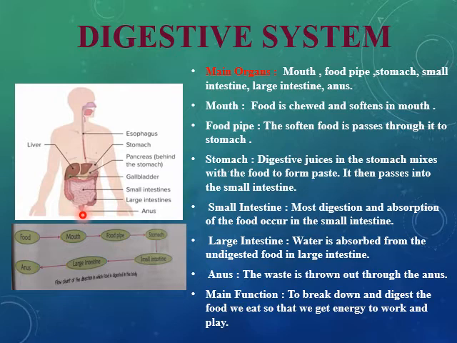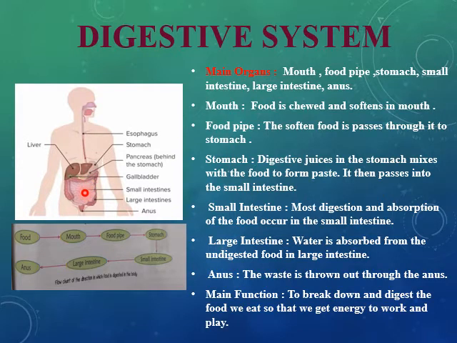So our digestive system begins with our mouth. The food is chewed and softened by mixing with saliva in our mouth. Then through the food pipe, the food is passed into the stomach. In the stomach, digestive juices mix with the food and form the paste, and this paste is then passed to the small intestine.